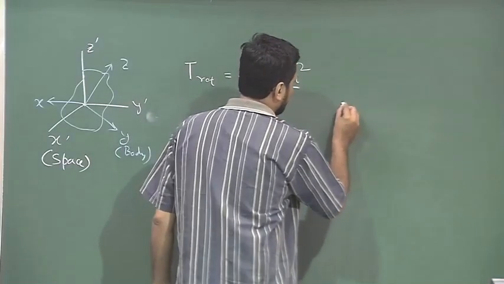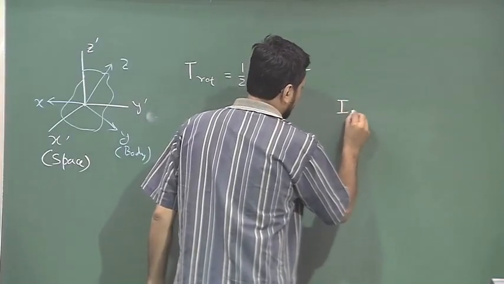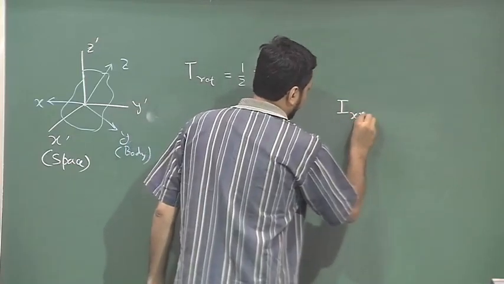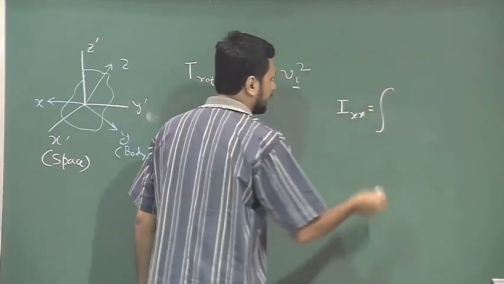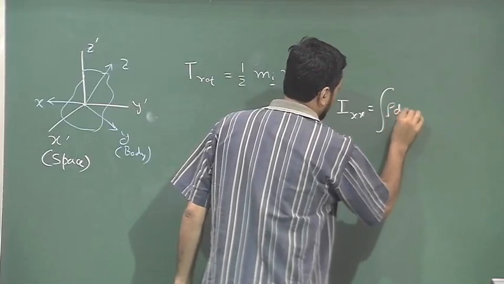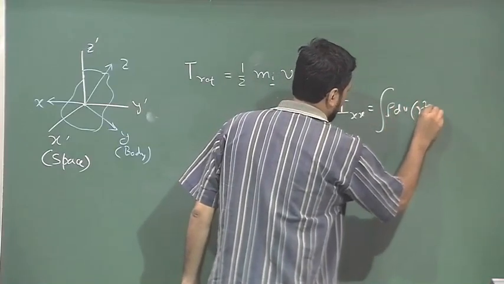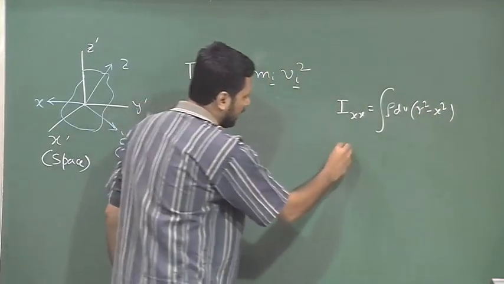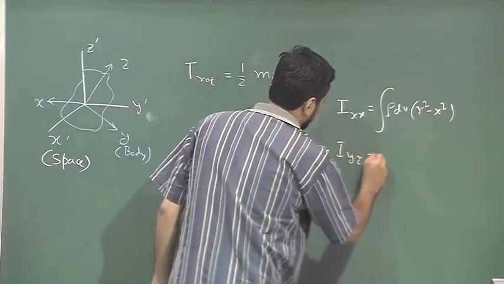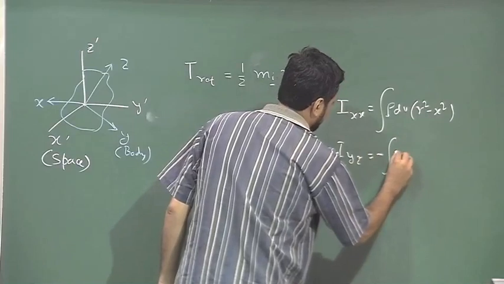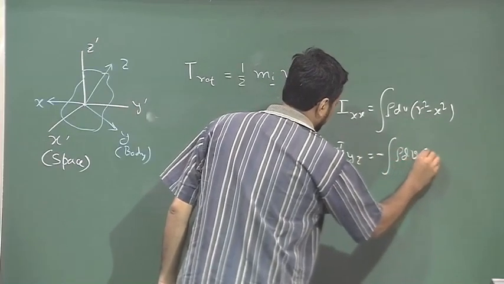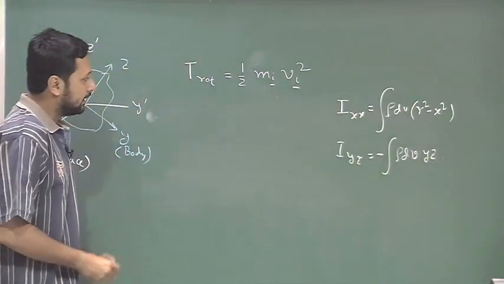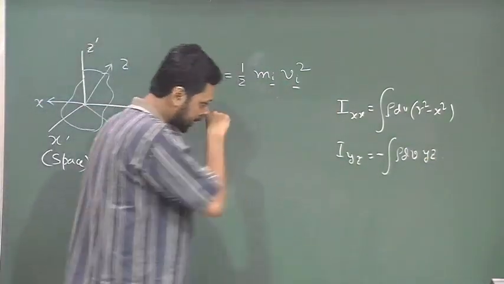One was the so-called tensorial definition, let us say I_xx, which was given as the integral of rho dV (r squared minus x squared), and I_yz, for example, was given as minus the integral of rho dV y z.